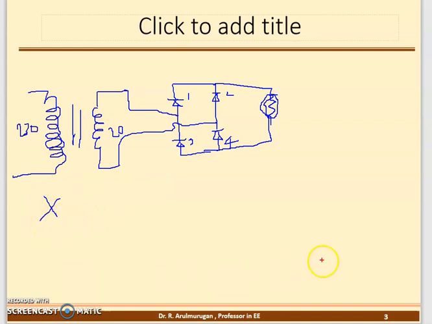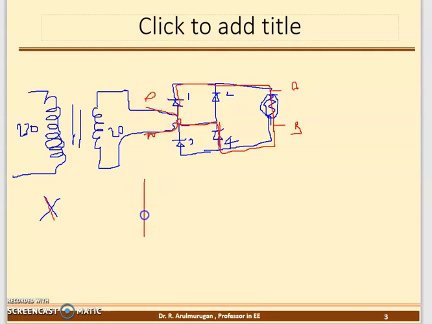So I will draw the left slash. What is a left slash? Left slash means 1 and 4 are on. So 1 and 4 close the switch. The power flows from A to B. So this is phase with respect to neutral.